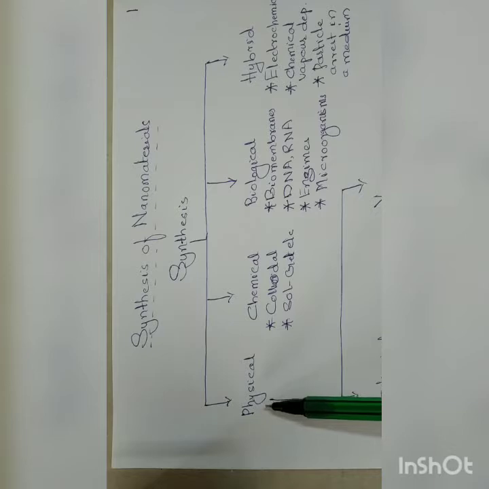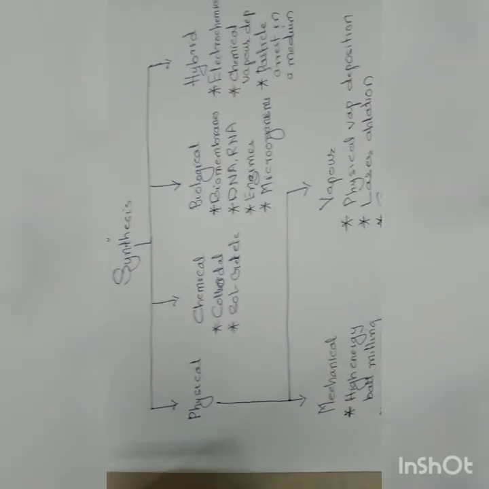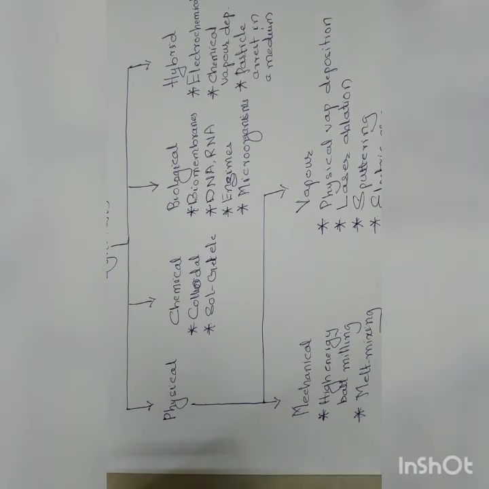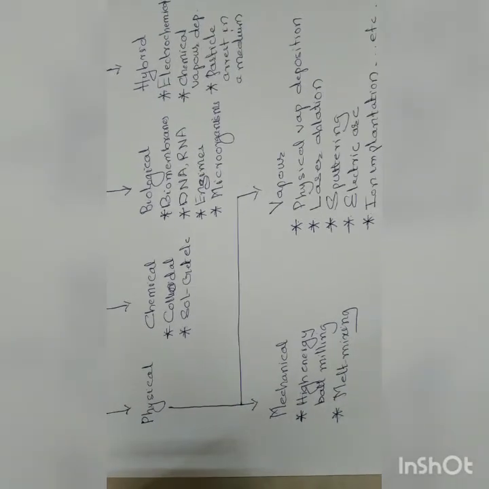So in a physical method, we can further classify into two categories. One is mechanical methods, wherein you try to impart mechanical energy to make these nanomaterials. There can be a couple of them. I have quoted only two here.